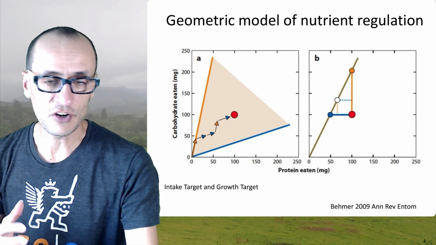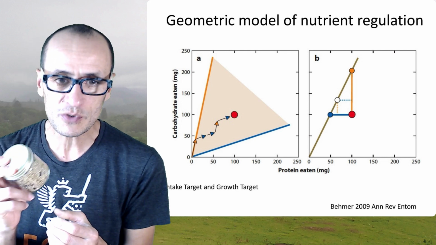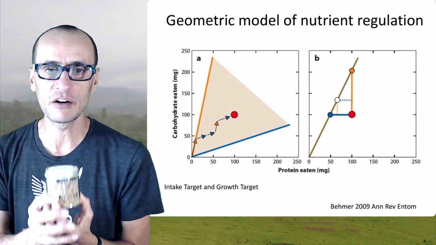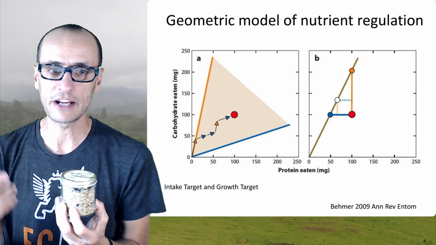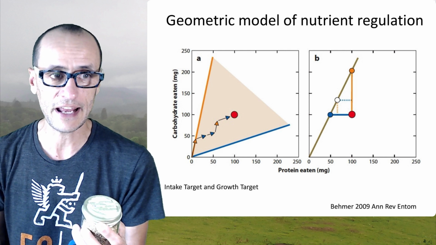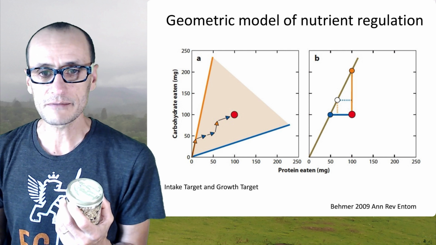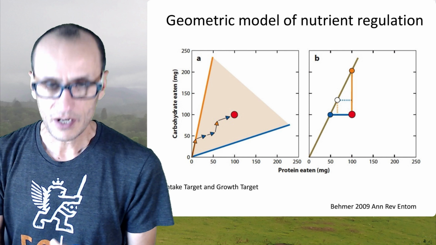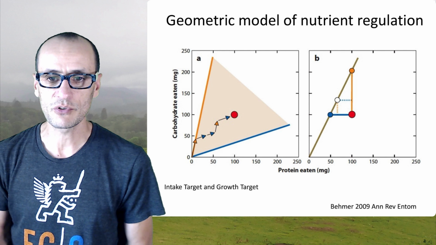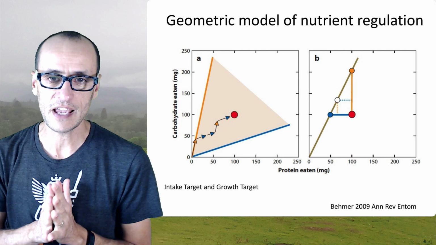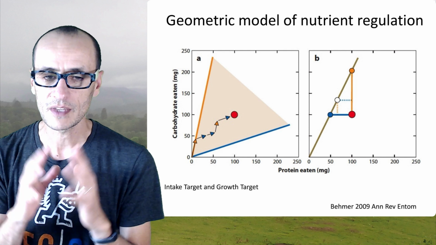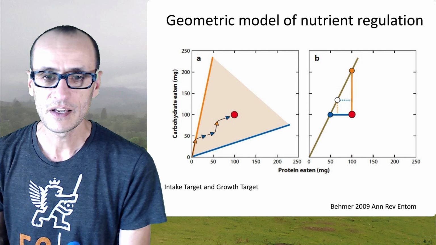How do insects therefore deal with the fact that the foods that they're feeding on don't necessarily have the right stoichiometric ratios of nutrients of carbon, nitrogen, phosphorus that they're actually trying to get at? So this model here has kind of come together over the years, and this is a very nice review by Spence Beamer at Texas A&M that I want to highlight, and it's actually a beautifully written summary of this particular field.